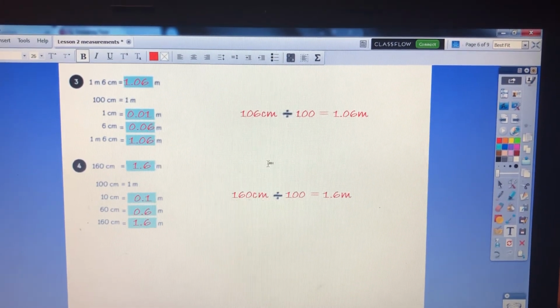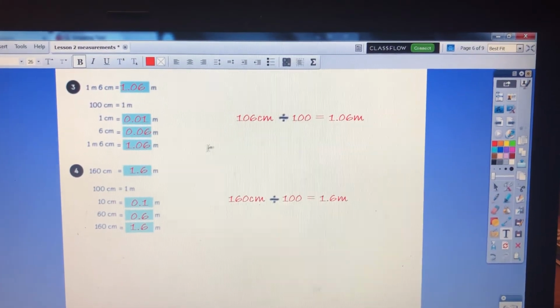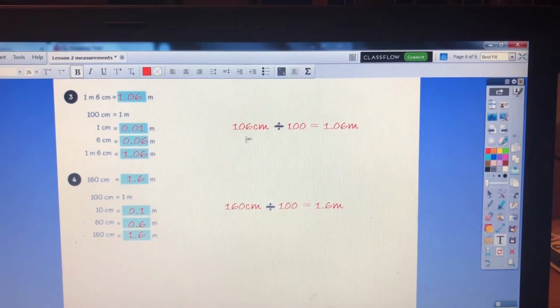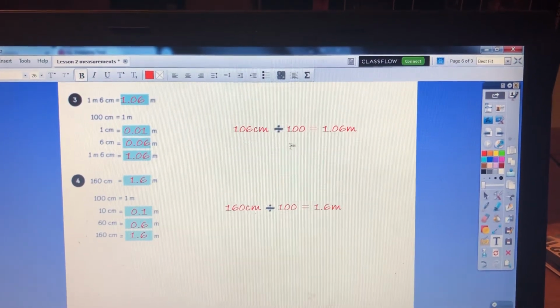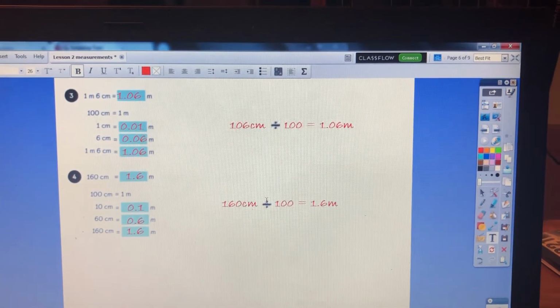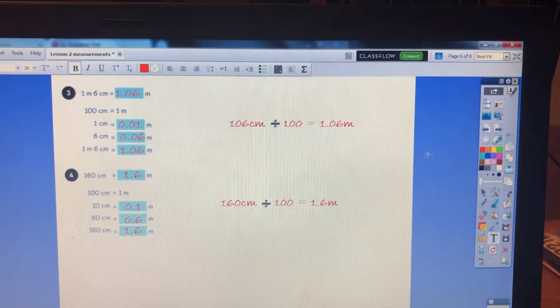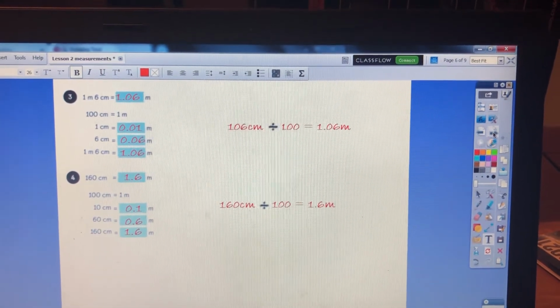And 1 metre and 6 centimetres is 1 metre 106. And a simple way of calculating that is 106 centimetres divided by 100 is 1.06. And for 160 centimetres, you divide by 100 again for 1.6 metres.